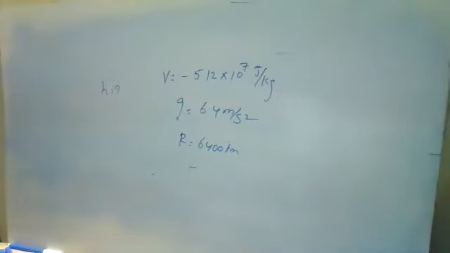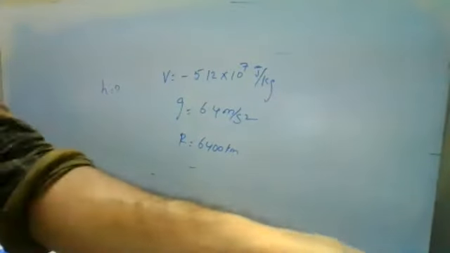The mean radius is 6,400 kilometers. Calculate the height above the earth's surface. We need to find the height. So this is your homework question, just try to practice it. Tomorrow we'll see the balance of gravitation, then start the properties of bulk matter.